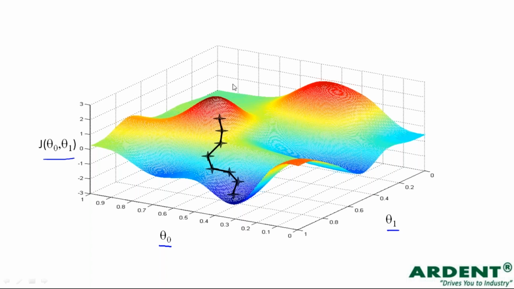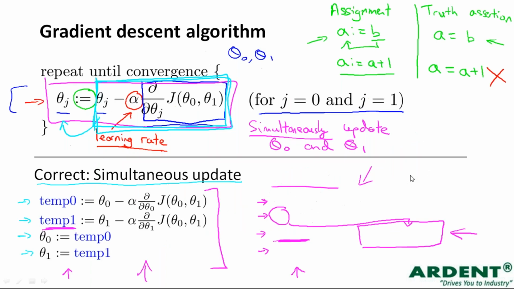From the top of the hill, we are moving along this path. Awesome, minimum error. So how do we minimize this basically? Repeat until convergence.